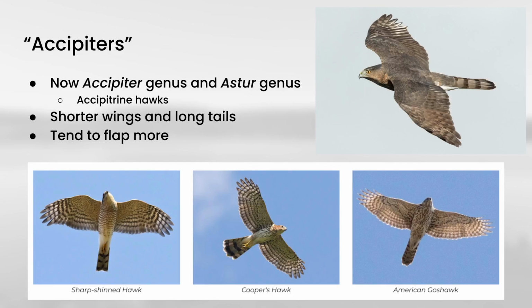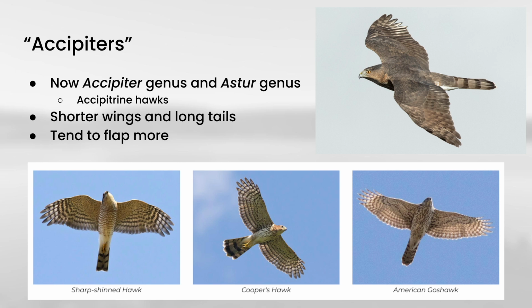And let's contrast that with what we have typically called accipiters. Now, I will make a brief taxonomic note here in that formerly we had 3 species in North America in the Accipiter genus, but that has recently undergone some revisions, and now we still have one, the sharp-shinned hawk, that remains in Accipiter, but then Cooper's hawk and American goshawk now are in the Astur genus.